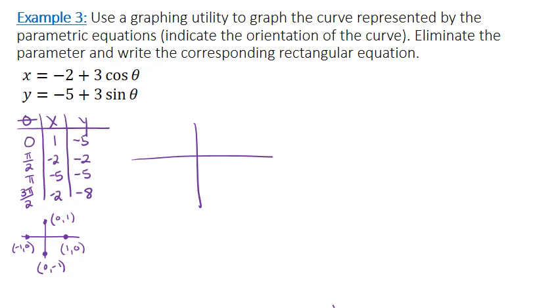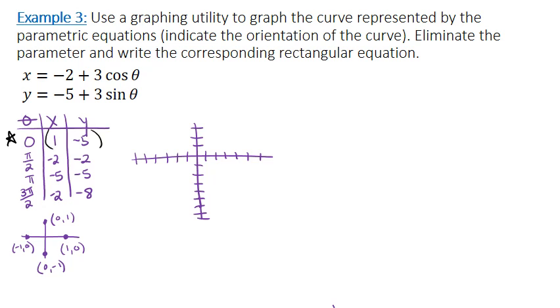I'm going to go ahead and draw some tick marks. Now when I sketch this, I'm going to start with the smallest value of the parameter, which is 0.